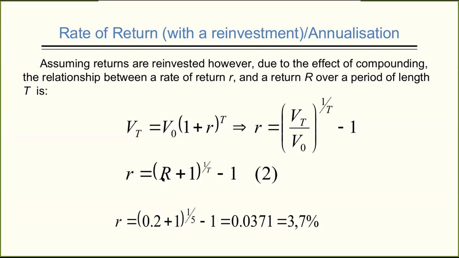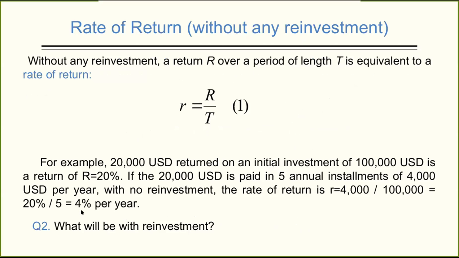So the formula which links rate and rate of return for period length T. And for example, if we remember the last example where we divided 20% by 5 years, it will be 4%.